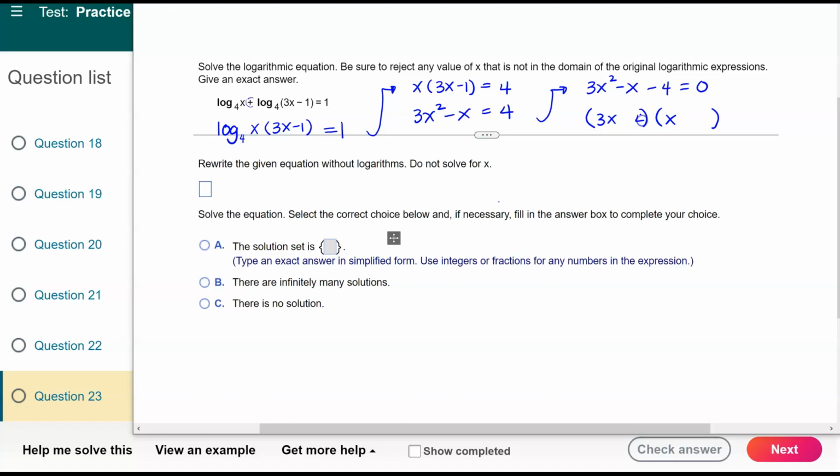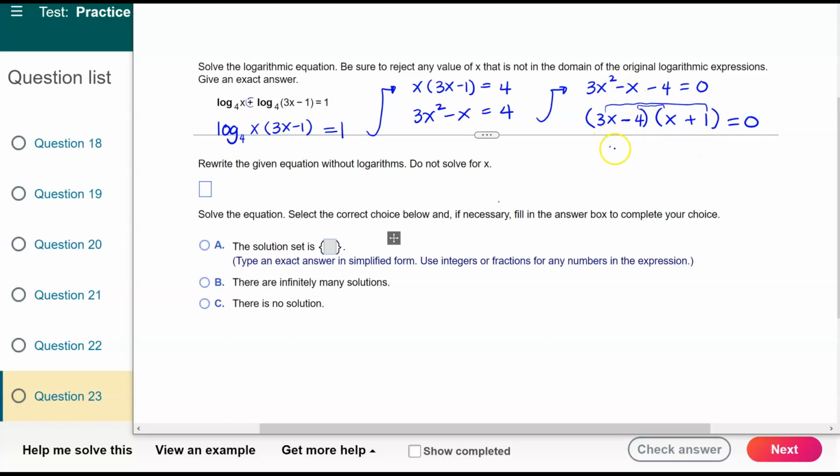Then you will have 4 here and 1 here. Let's see. If this one is negative and that's positive, you can check. So this is negative 4x and that is positive 3x. If you add them, you get negative x. And then this is equal to 0.